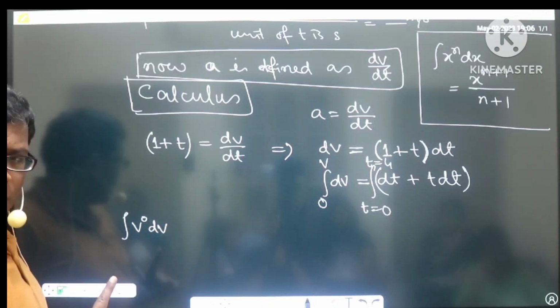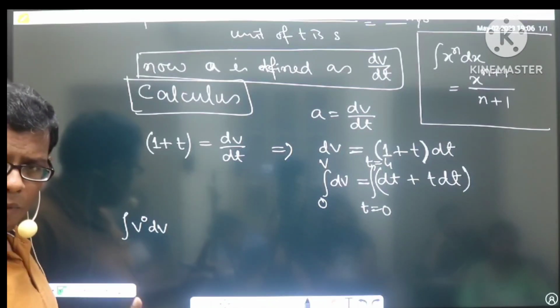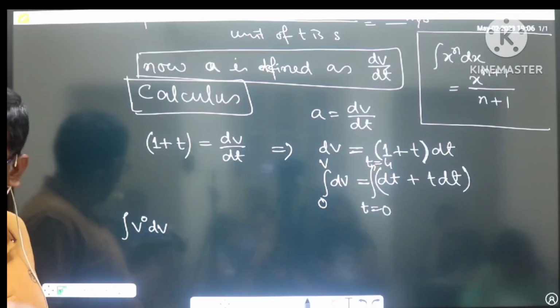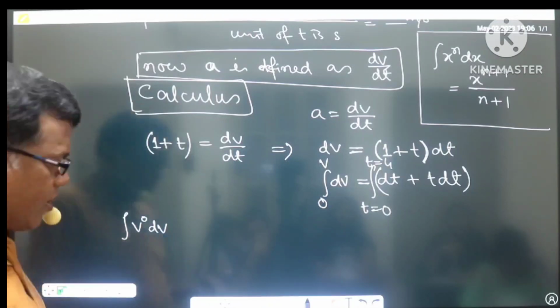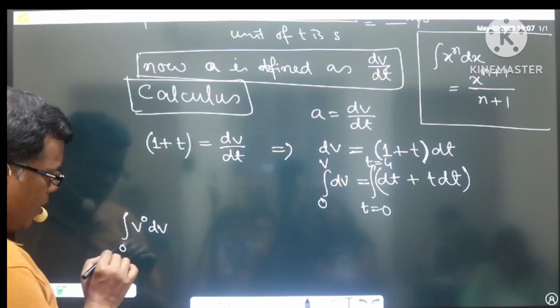Nothing is available as a coefficient of any term, means it is a common multiple 1, and 1 I can write with power 0 of any term. So I made it v to the power 0 so that the format matches, from 0 to v.